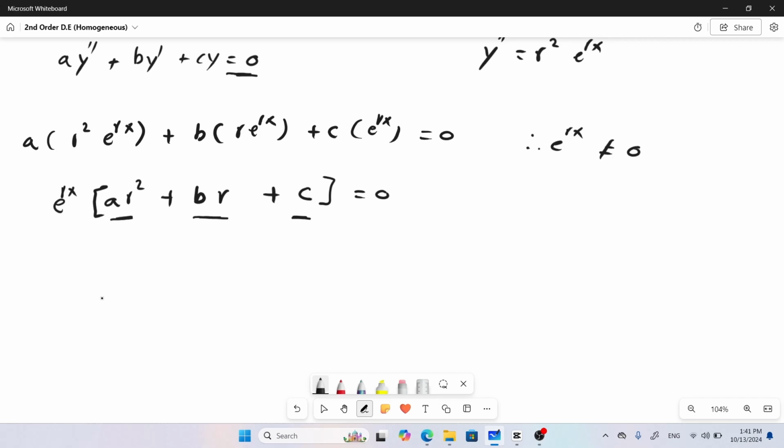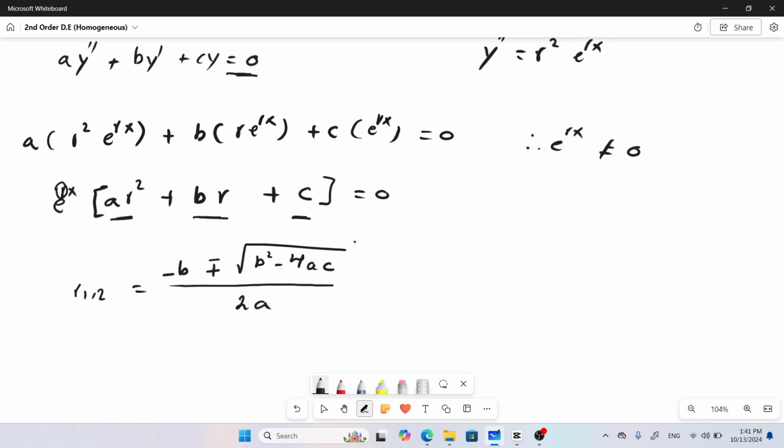One way is to use the quadratic formula, because we have the variable r. So roots r1 and r2 are equal to minus b, positive and negative, the square root of b squared minus 4ac, divided by 2a.